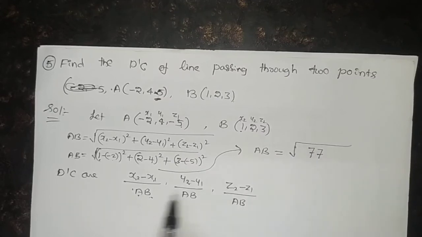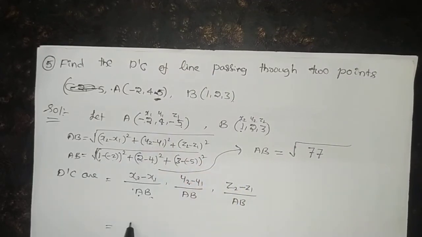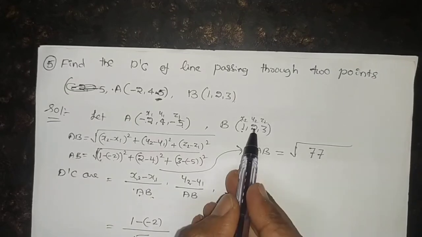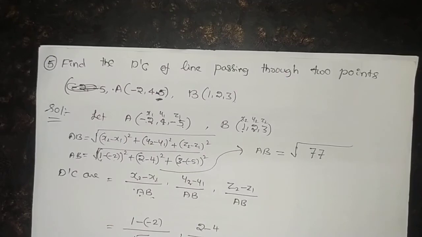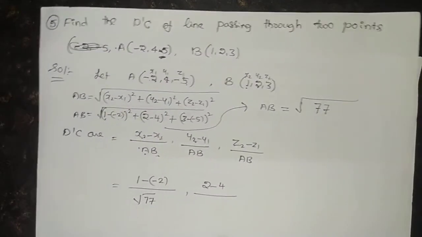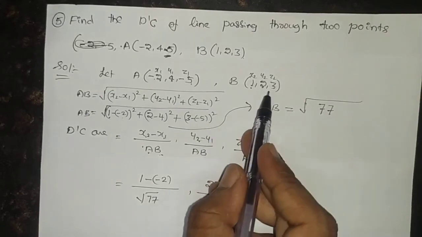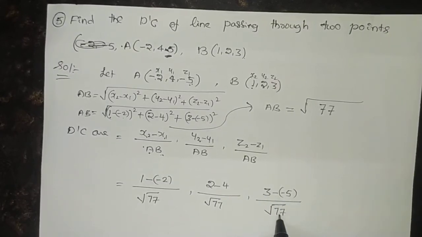You just substitute this AB in the formula, that's it. That is equal to (1 minus of -2) divided by square root of 77, next (2 minus 4) divided by square root of 77, next (3 minus of -5) divided by square root of 77.